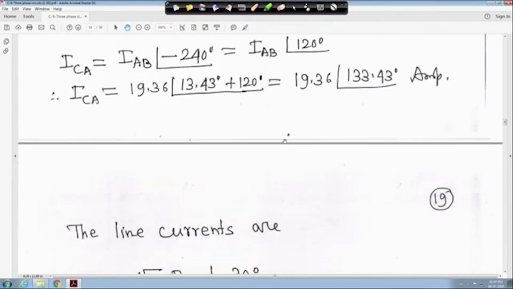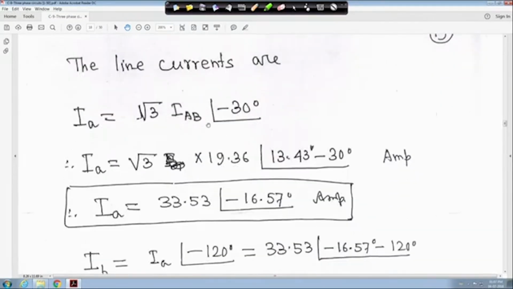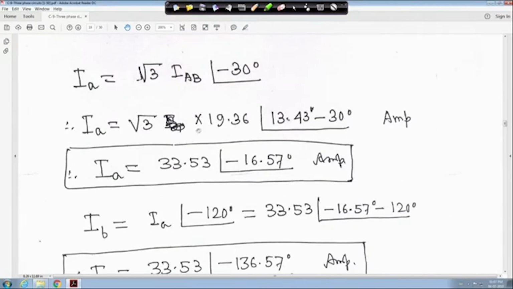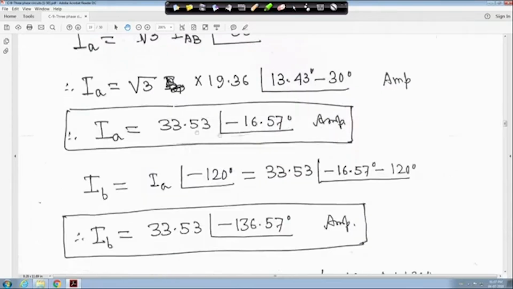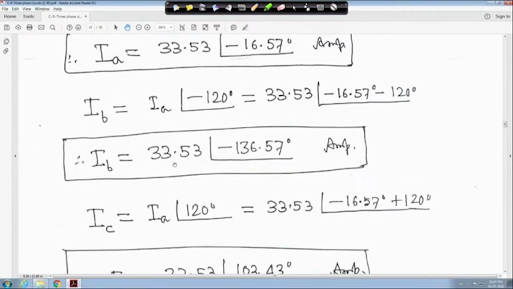Now the line currents. We know IA is equal to root 3 IAB angle minus 30 degree, as we have just derived. So substitute IAB: 19.36 angle 13.43 degree minus 30 degree, and IA is equal to this much. Similarly, IB is equal to IA angle minus 120 degree; substitute the IA value, and IB will be this much.